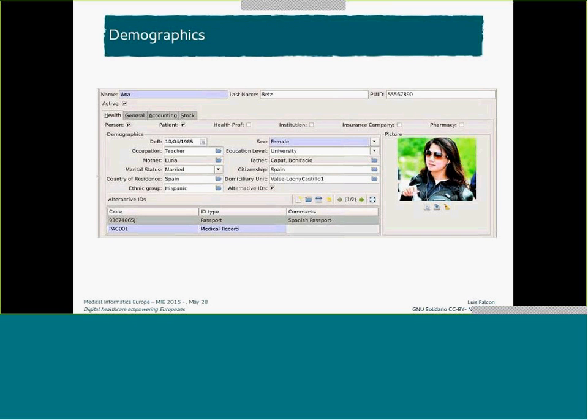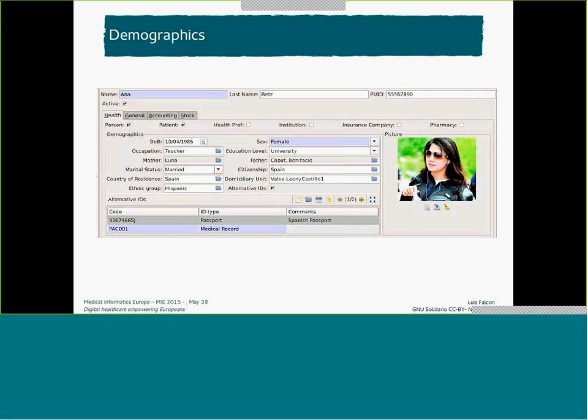We'll show you a bit on the demographics of that person. As you can see here, we deal with things such as, of course, who we are dealing with. It's a person, but also it can be a patient and it can be a health professional.